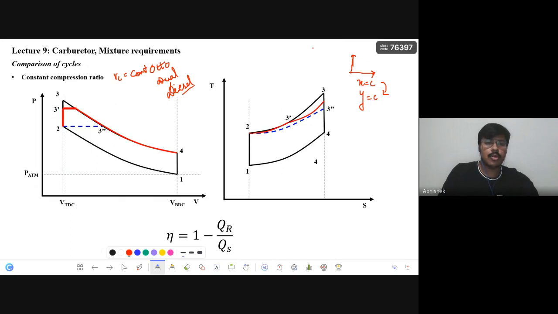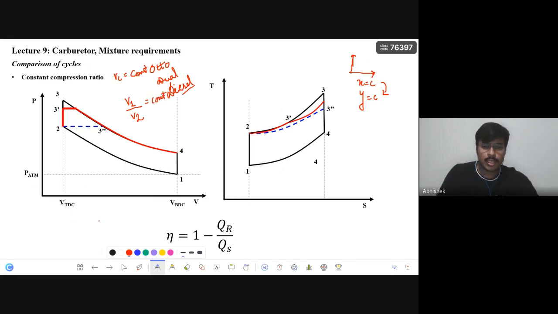So here also, if I only say it's constant compression ratio, it is incomplete. But still, why we only write that it is a constant compression ratio, I will be telling you. So what is done is constant compression ratio. That means V1 by V2 will be same for all. V1 by V2 will be constant.